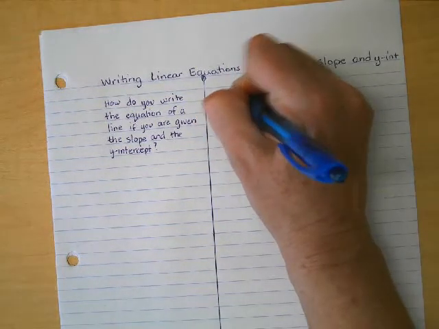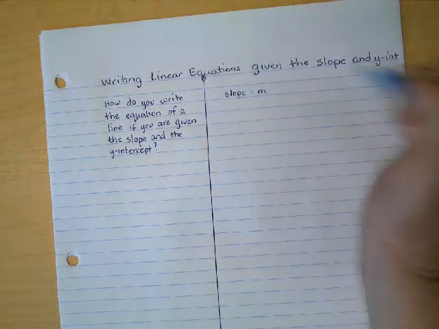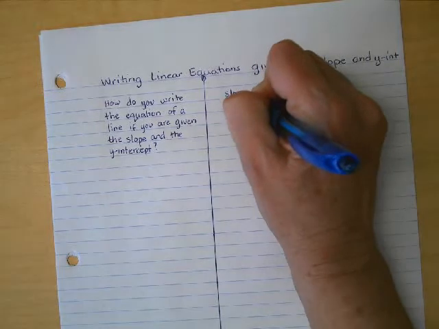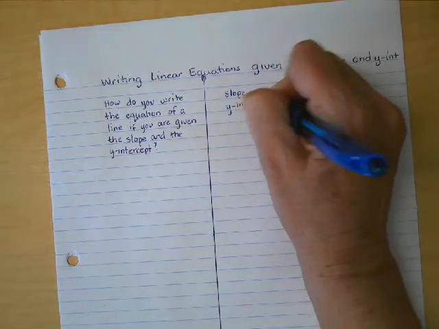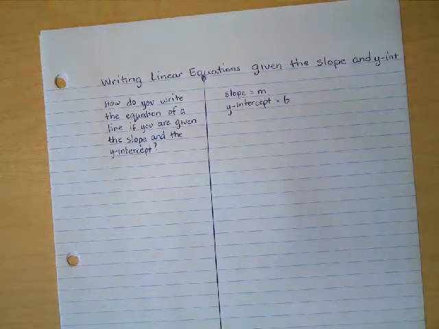What you want to remember is that when you're given the slope, that is m. And when you're given the y-intercept, that is b.